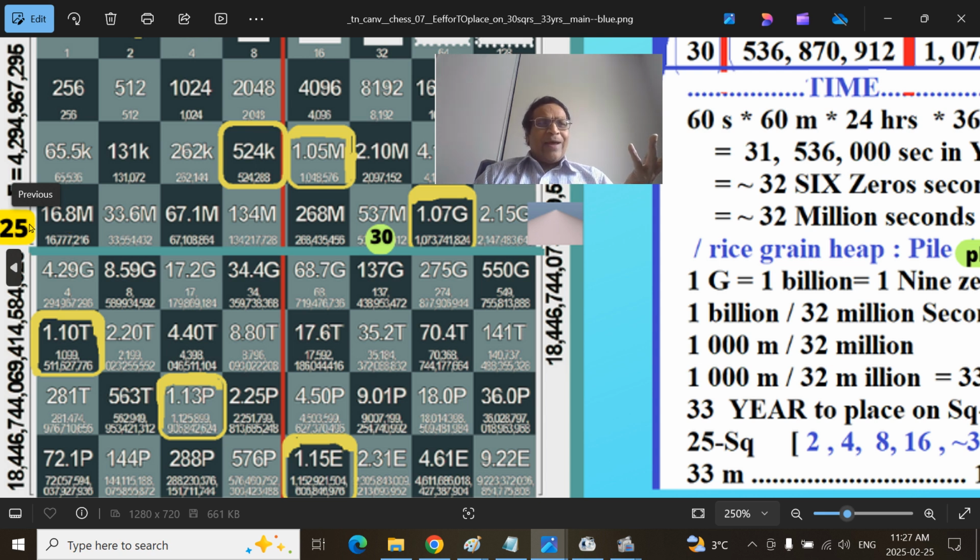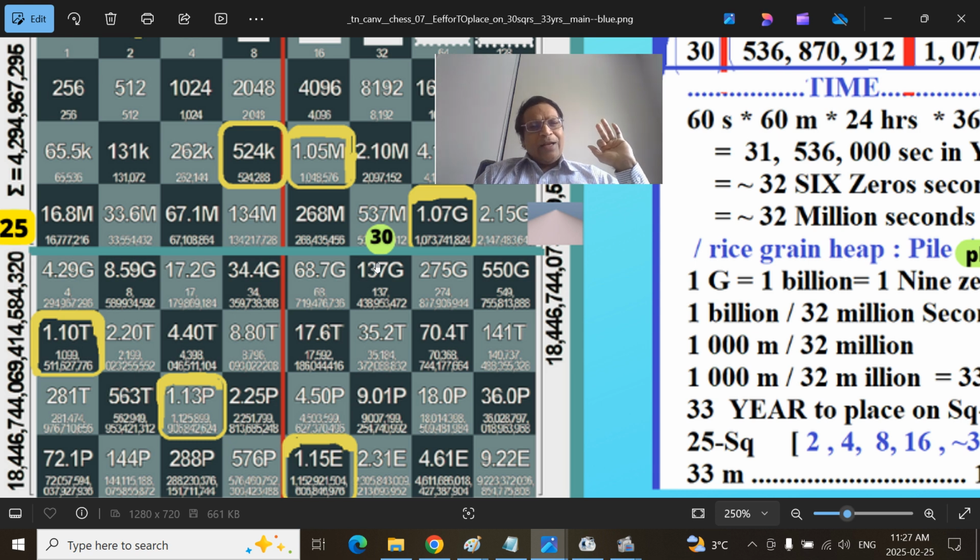I am on the 25th square. Oh, the remaining, let's say up to square 30, you can cover very easily. No, that is not that easy. Why? Because we say 1 here, you double it, then you become 2. Then double it, you become 4. Then double it, you become 8. Double it, you get 16. Double it, you get 32.